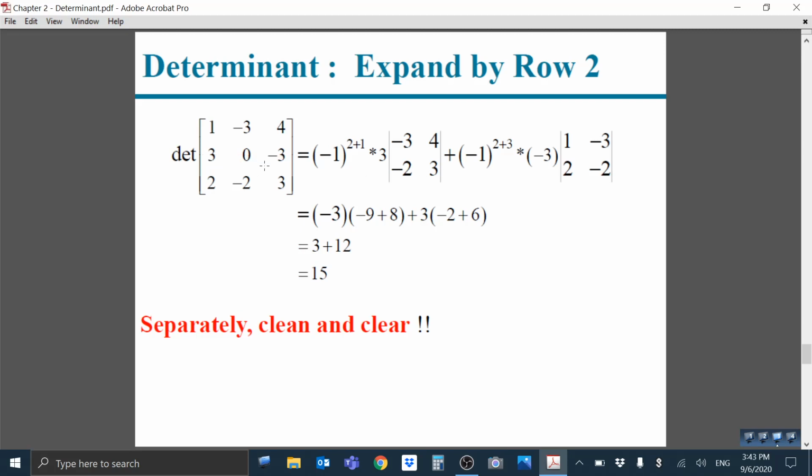Next, I have this entry at position row 2, column 3. So position 2, 3. So it's -1 to the power 2 plus 3, times the entry, which is -3, times the determinant of a matrix that I get by eliminating row 2 and column 3. So the matrix is 1, -3, 2, -2.